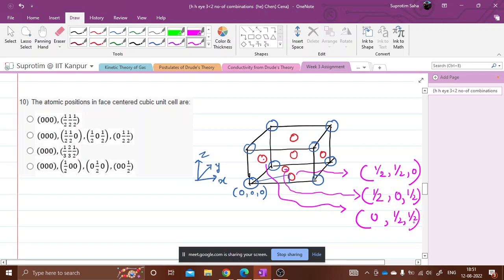The entire face centered cubic system will be the reflection or mirror image of these three nearest neighbors. So the atomic positions in face centered cubic unit cell are 0 0 0, half half 0, half 0 half, and 0 half half. So this is the correct answer.